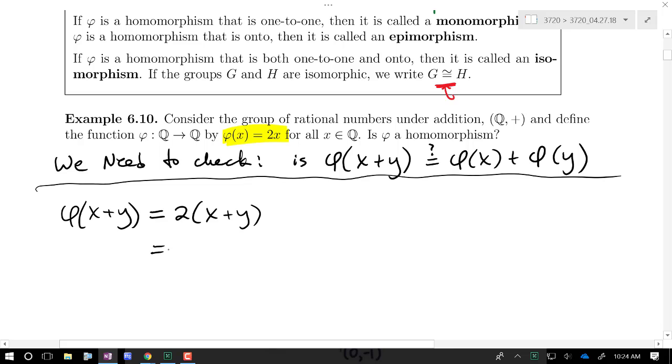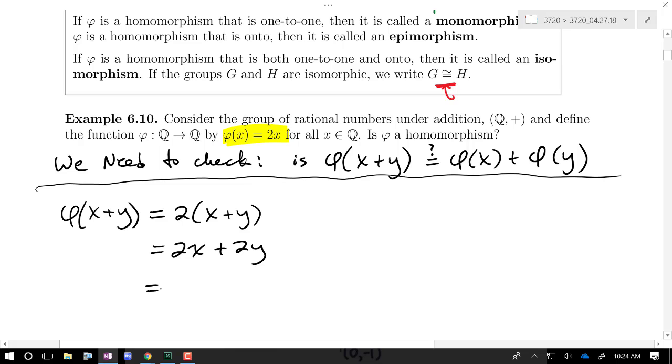Now this is an expression where x and y are just rational numbers. We have 2 multiplied by x plus y. Regular algebra prevails here, so we know that we can distribute: 2x plus 2y.